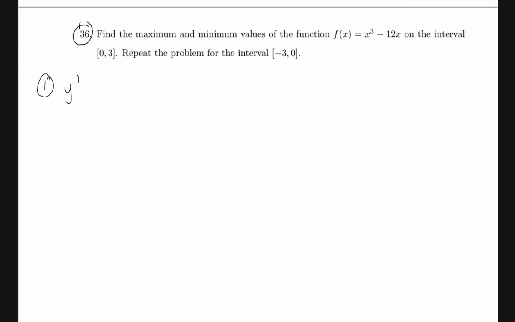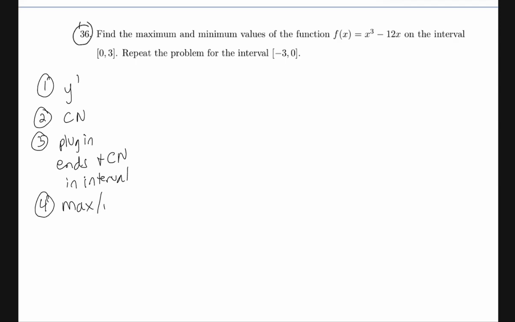The next thing you want to find are the critical numbers. The third thing you want to do is plug in the ends and the critical numbers that are in the interval. And then you label them max or min. That's it, okay? You guys tend to make these problems so much harder than they have to be. There's no reason they have to be hard.